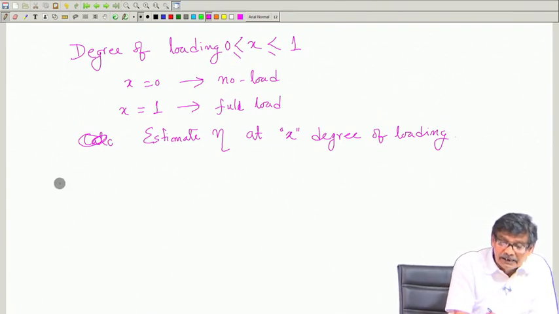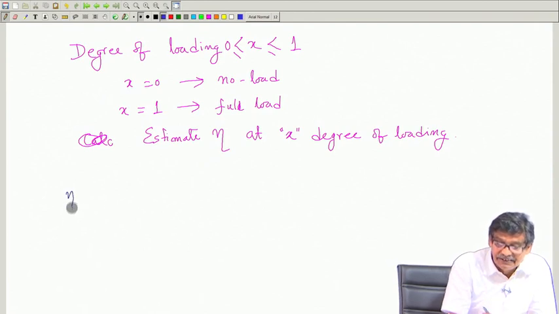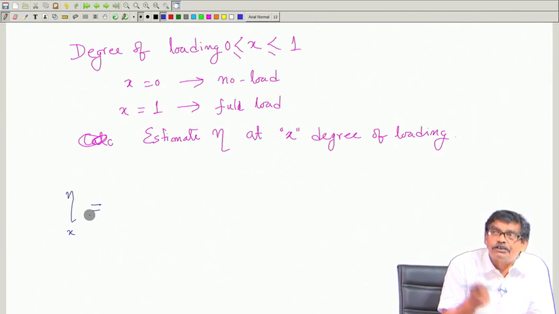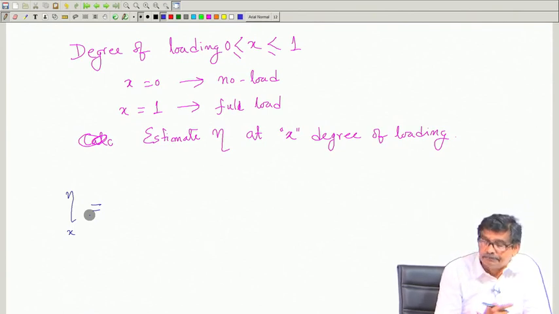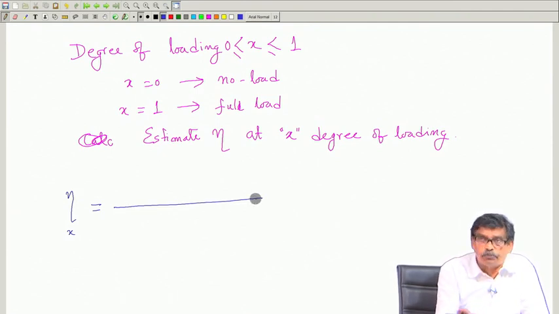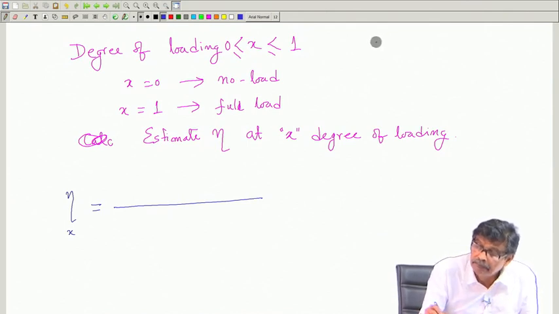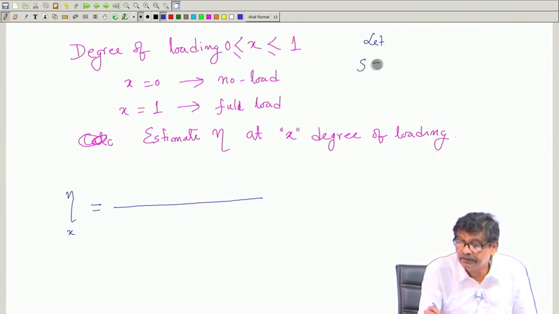I will call it eta x; x equal to 1 corresponds to full load efficiency. Now, this one will be the output. Let S be the rated kVA of the transformer.